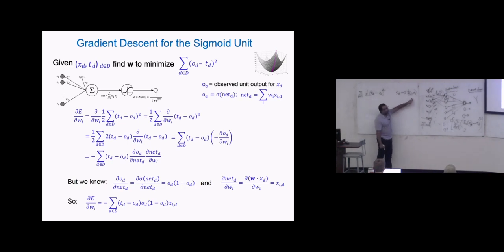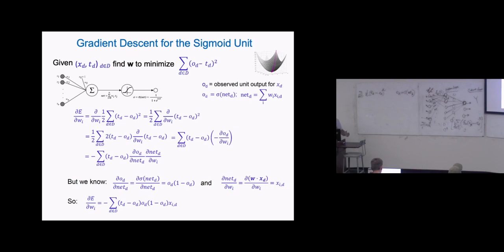And they have simplified the notation of this dot product by saying this is the net contribution of the input D on that particular unit.